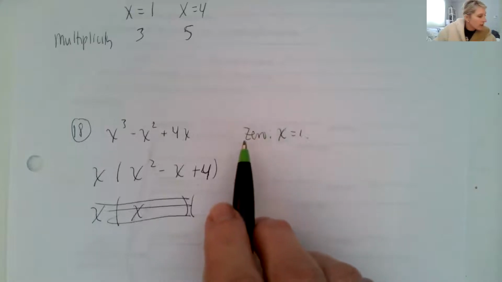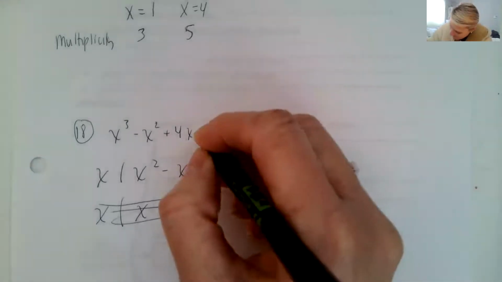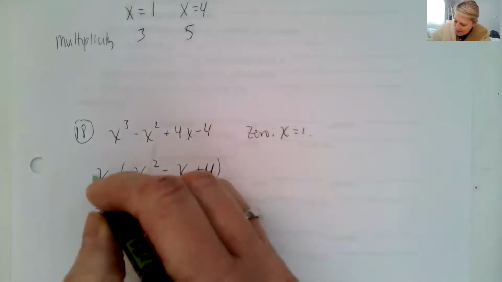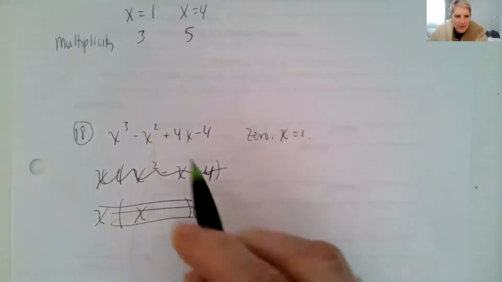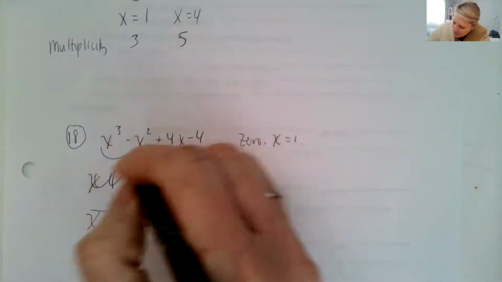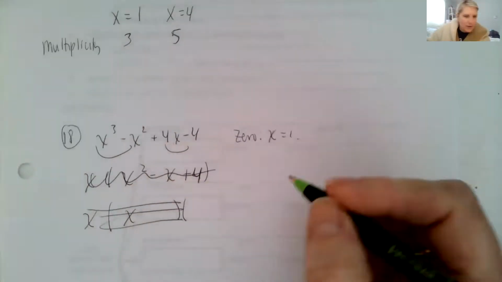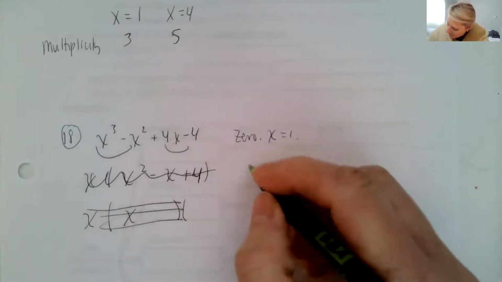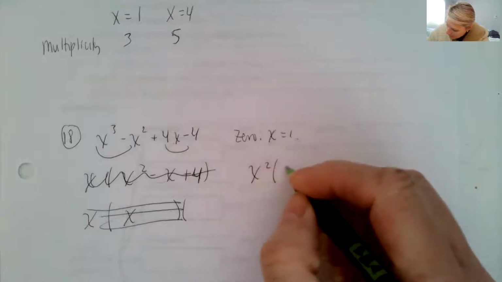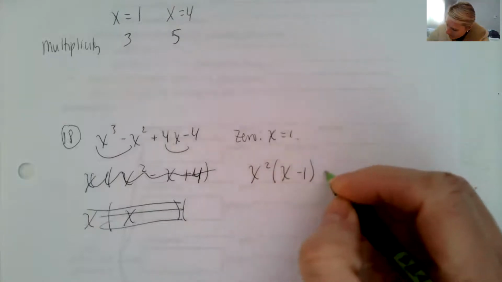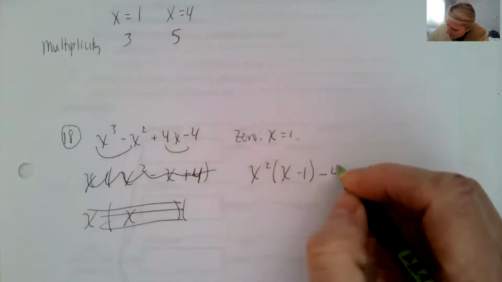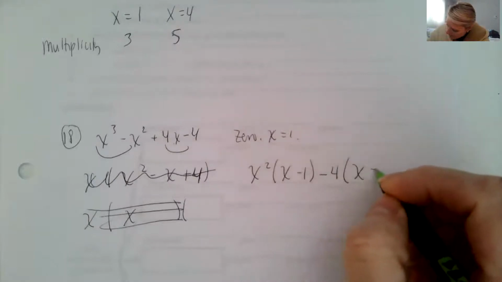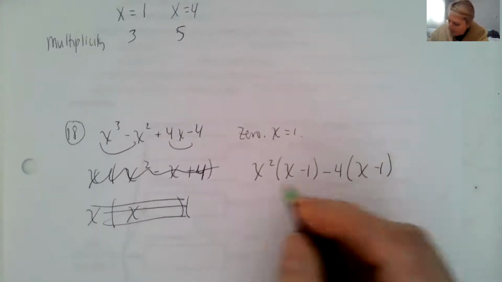Oh, I didn't write it all out. I missed a little piece here. No wonder. So let's see if I can factor this by grouping. I didn't write it down correctly. So if I take out an x squared, I have x minus 1 left. And if I factor out a -4, I have an x minus 1 left.